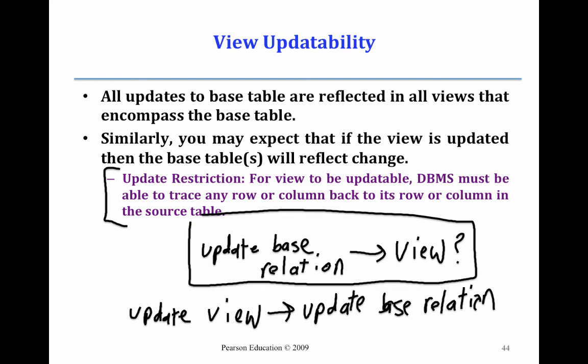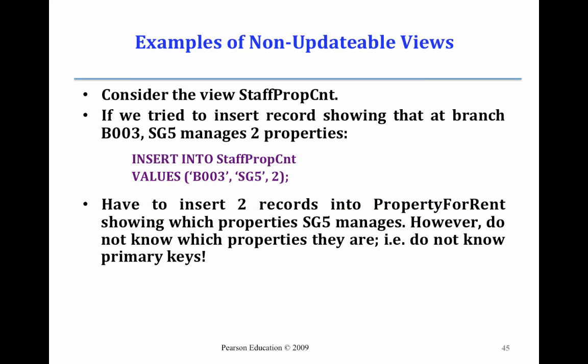So if the database management system can trace that row back to the underlying base relation, it will be happy. It will allow you to update the view. So what does that mean in practice? Well, first let's show you some stuff in practice so you get an idea.